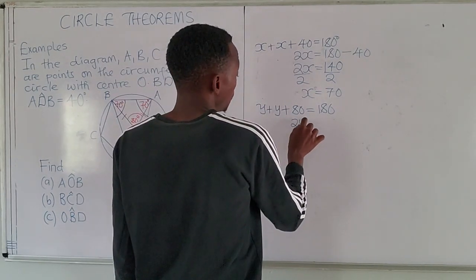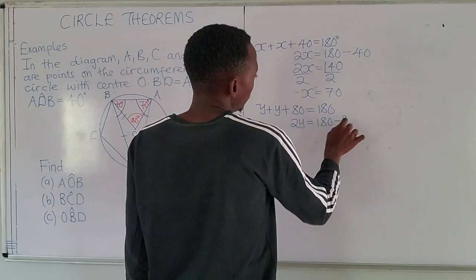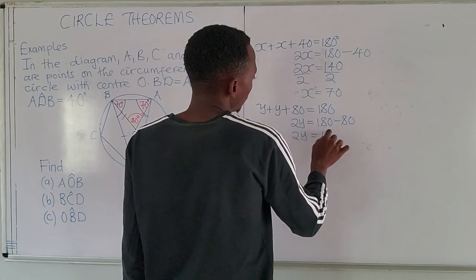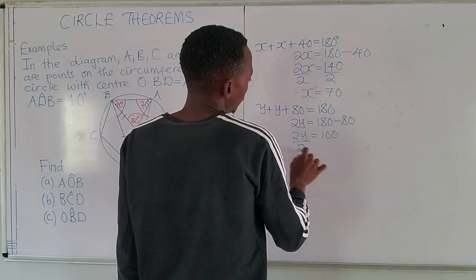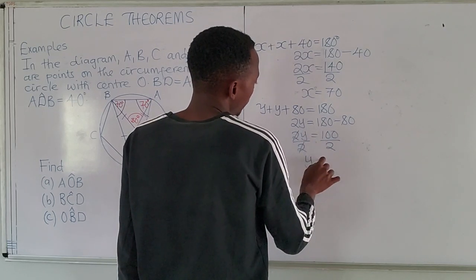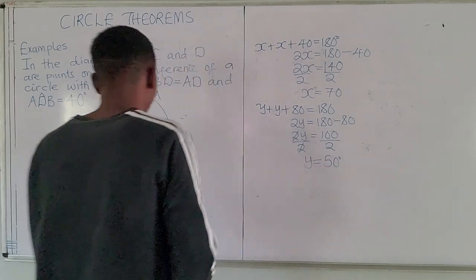So 2y is equal to 180 take away 80, so 2y is equal to 100. Divide by 2, divide by 2, and y will be equal to 50 degrees.